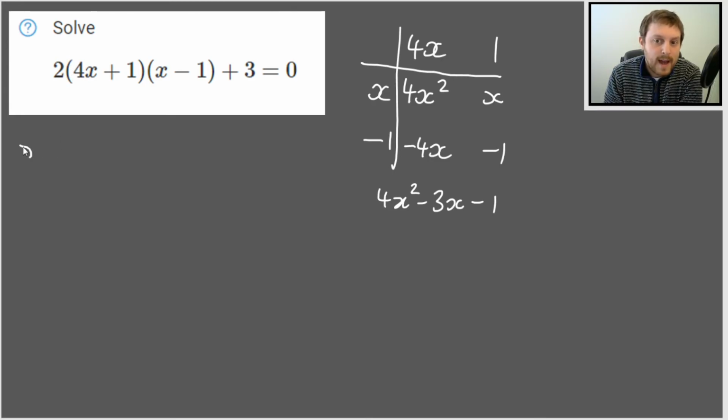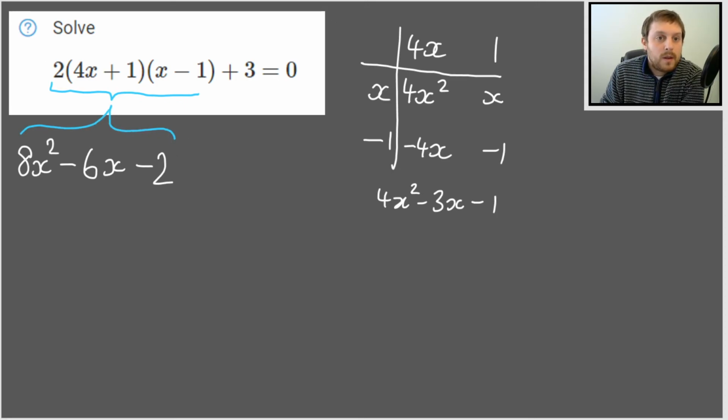So I'm going to write 8x squared minus 6x minus 2. So that's this part here. And then I've still got the plus 3, haven't I? Right, that's obviously this part.